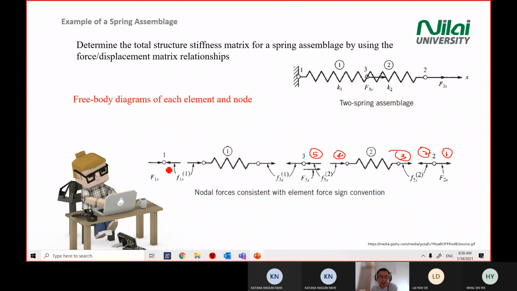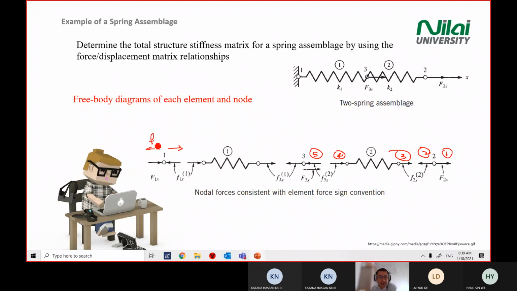Okay, now point number 1. If you look at point number 1, the textbook gives you the compression force here. So if you're not sure, you can draw like that, and then you balance the other force.